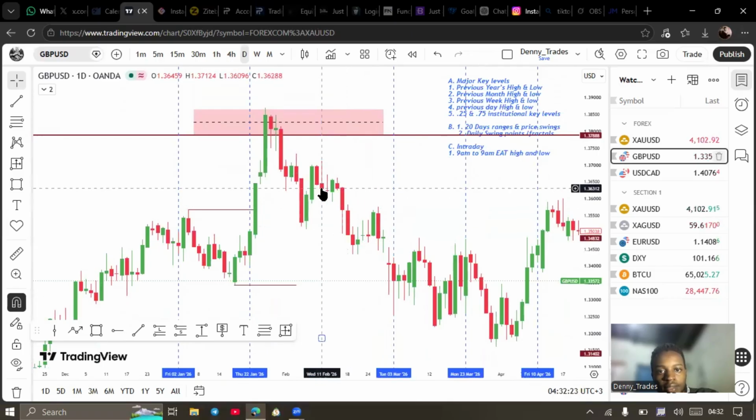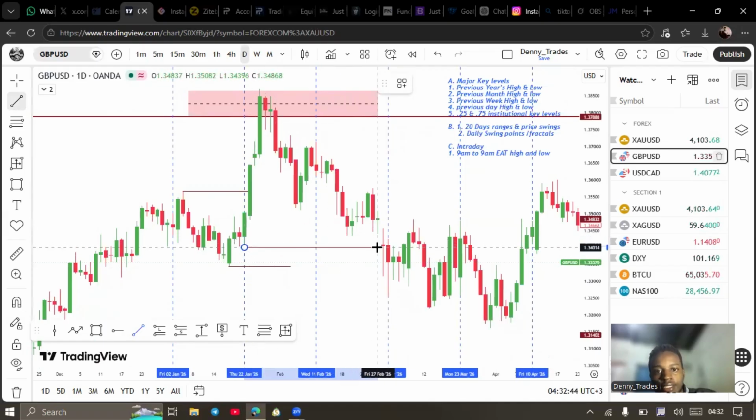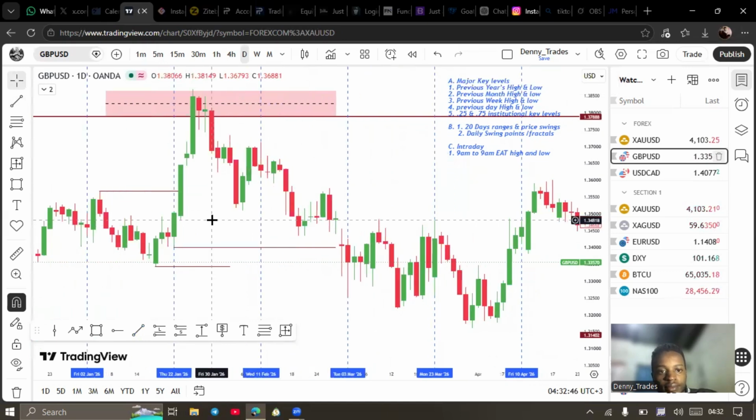Another 20 days range opened on this day right here on February 11th, 2026. So what you want to see is, if you are bearish, price will trade below the previous 20 days range low. This is a range.